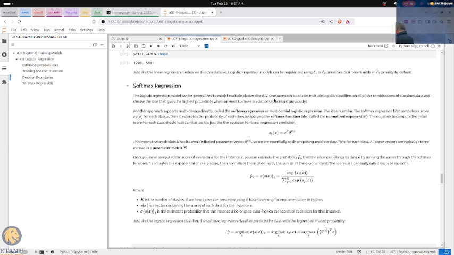Softmax is really an extension so that you can directly do multi-class classification problems using the same cost function, using just a slight variation of the cost function that we just came up with for a binary classification task. So this is for multinomial, or basically multi-class problems.